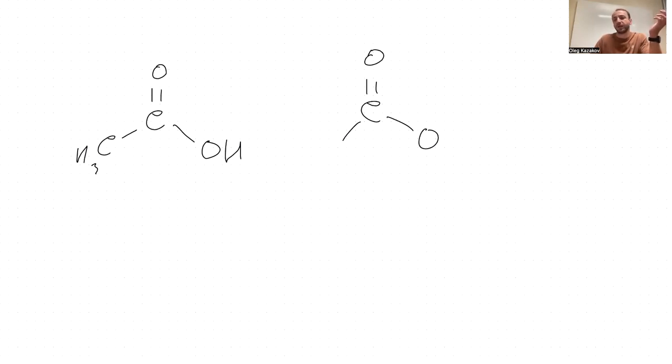So here, for example, we can just have some sort of alkyl chain. Let's just use the good old methyl. And now here we have our ester group. Again, the ester group is typically attached to something else. So maybe it's going to be methyl, ethyl, phenyl, many other possible alkyl chains here. But that's going to be the difference that you can see between the carboxylic acid functional group and the ester functional group.